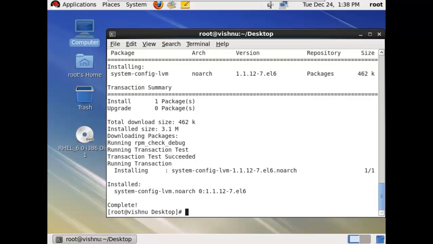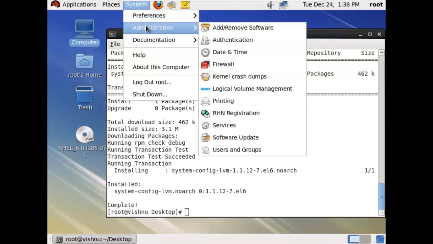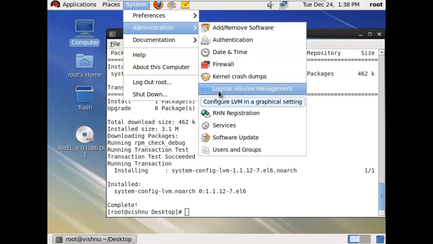So guys, you can see that the system-config-lvm RPM has been installed, and now you can manage your hard disk in a graphical way. You will go into System, go to Administration, and here is Logical Volume Management.